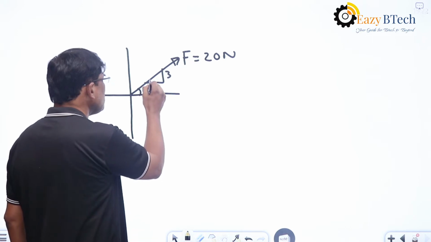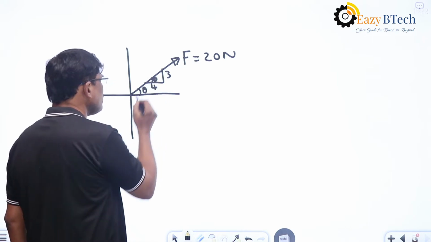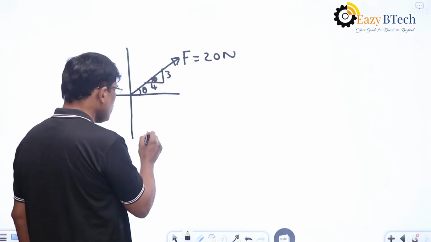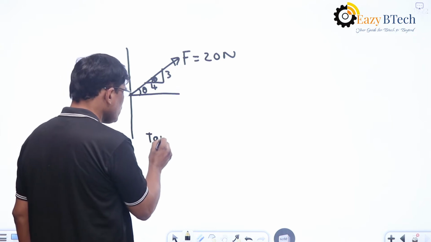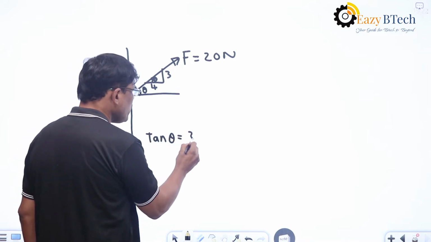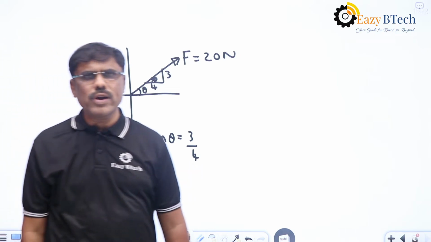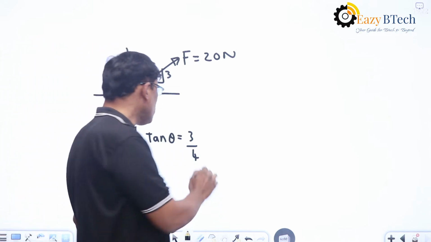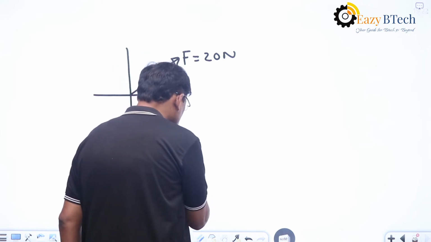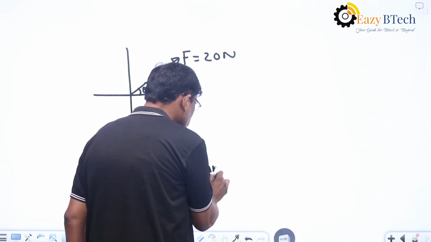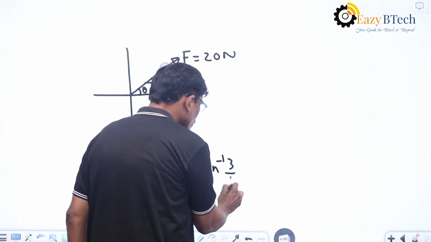This theta value and this theta value will be same. So now tan theta is equal to 3 by 4, and theta is equal to tan inverse 3 by 4.